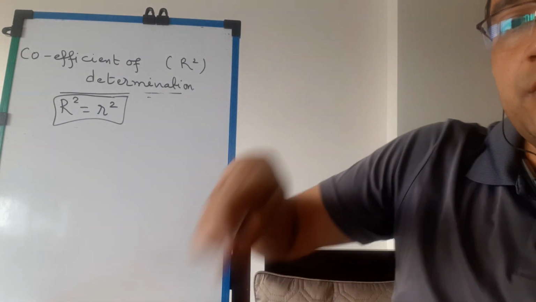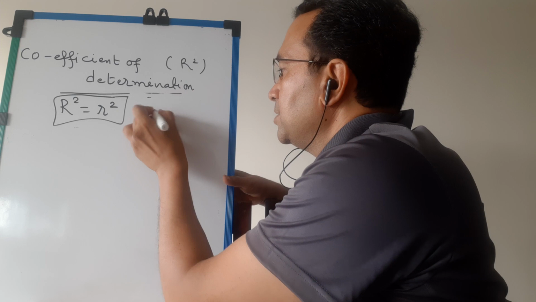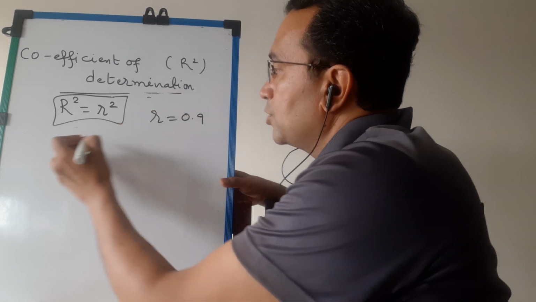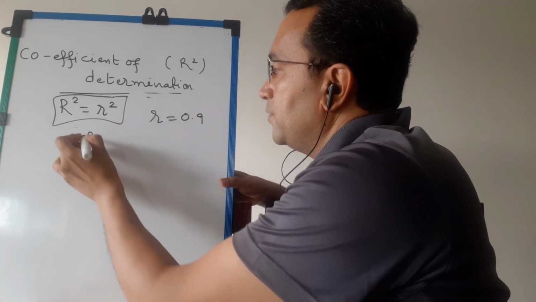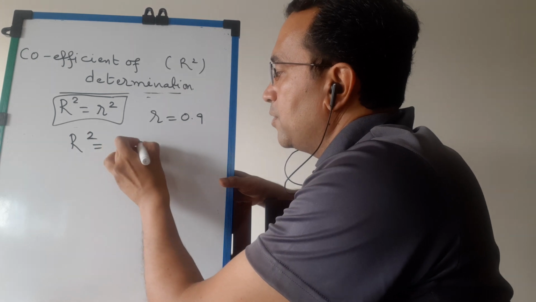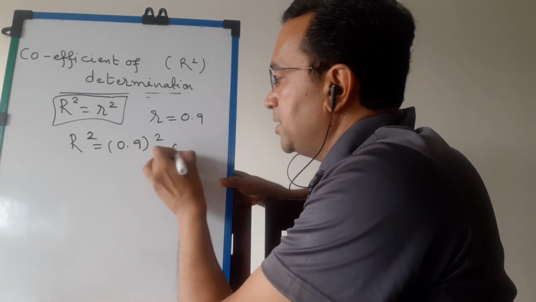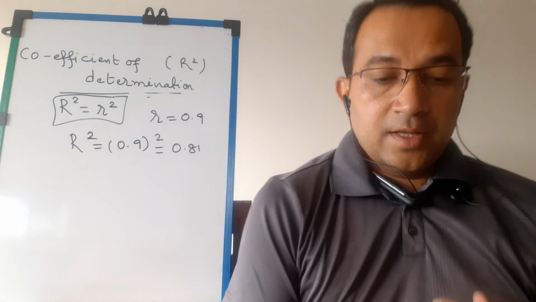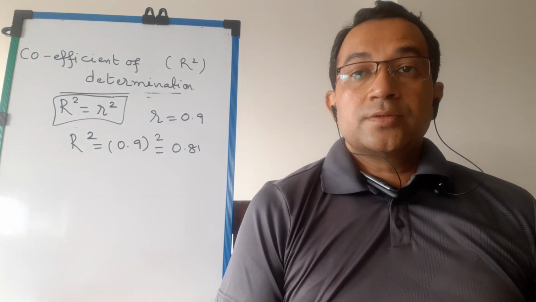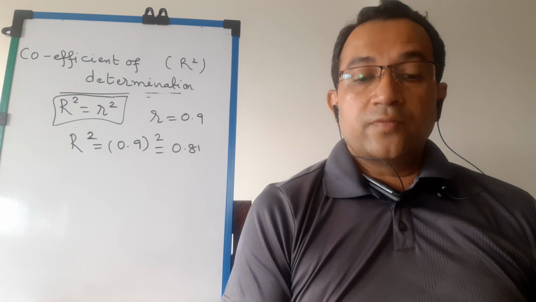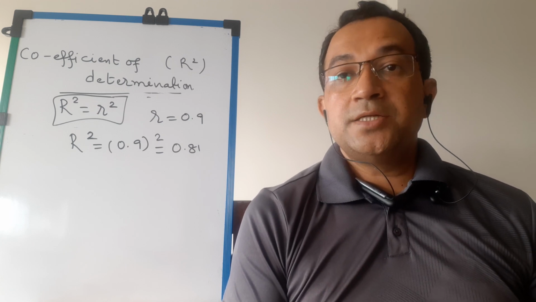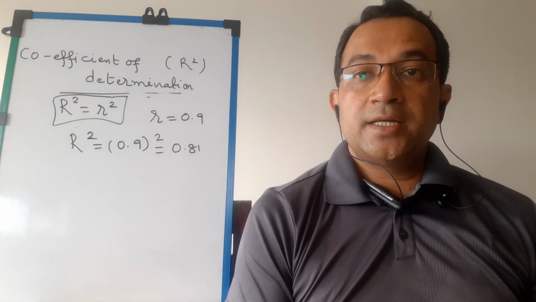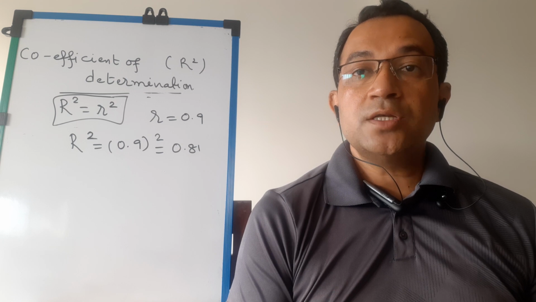Suppose, students, correlation coefficient R is 0.9. Then coefficient of determination will be square of 0.9, and that is how much? 0.81. So our coefficient of determination is 0.81, and if I write it as percentage, it is 81%.